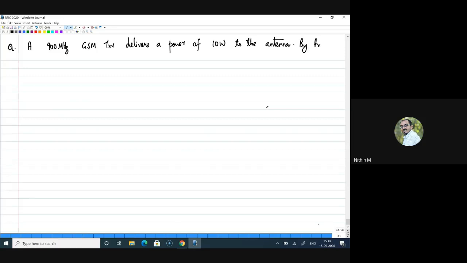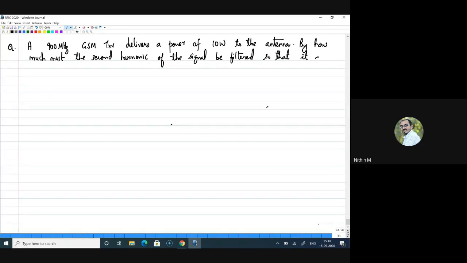By how much must the second harmonic of the signal be filtered so that it does not desensitize a 1.8 gigahertz receiver having a 1 dB compression point?